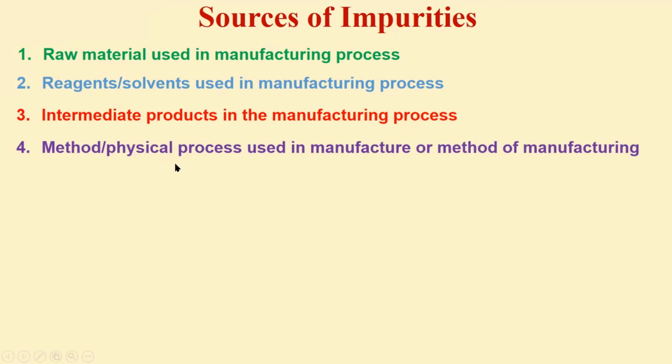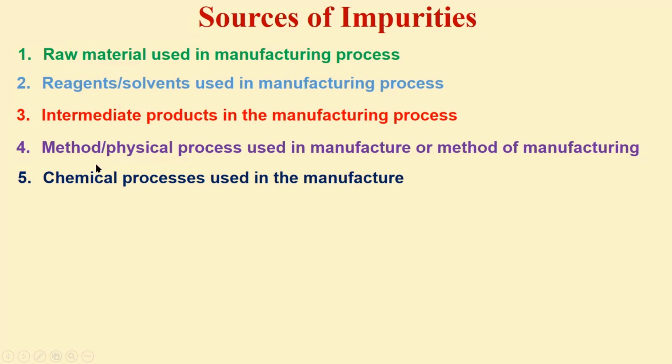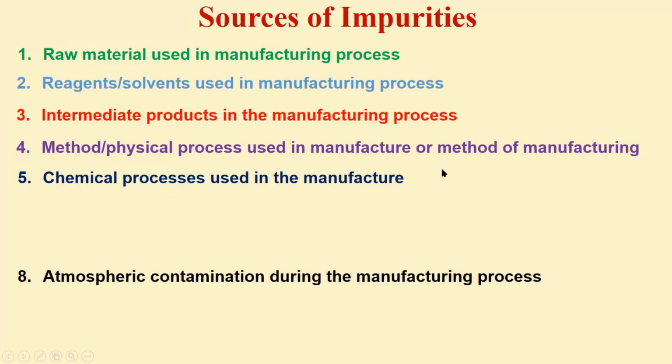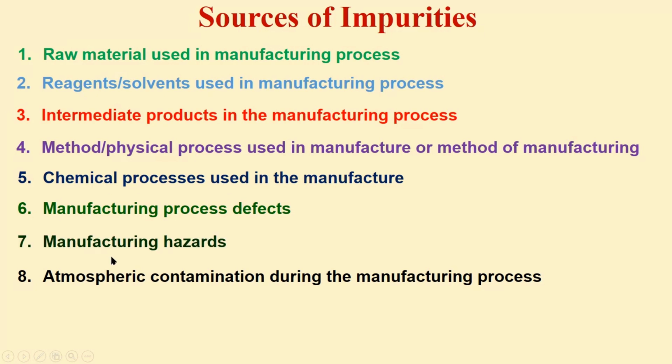The physical and chemical processes used in the manufacturing of the active pharmaceutical ingredient can also introduce impurities, and that's why they are another set of sources of impurity. Manufacturing defects and manufacturing hazards are another set of sources.